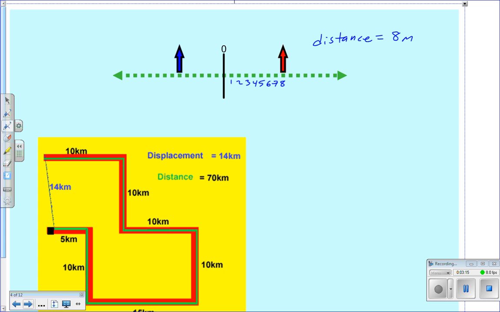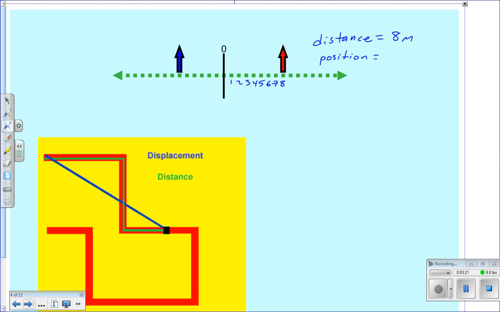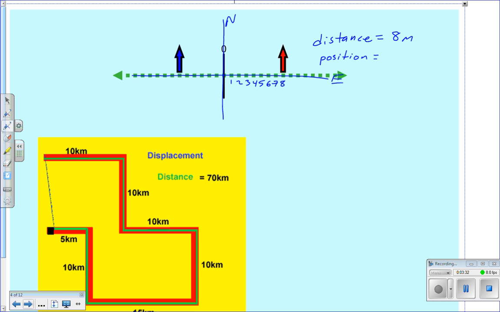It has a position of, there's different ways we can do this. If we put cardinal directions to things, this would be east over here, north up here, south, and west over there. So we could say it's 8 meters east.